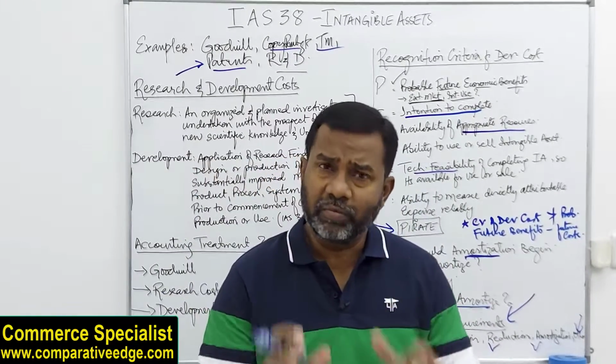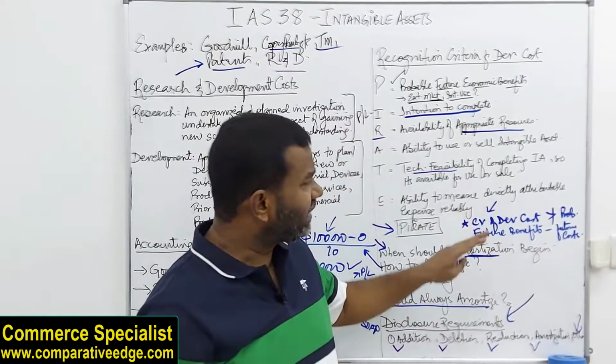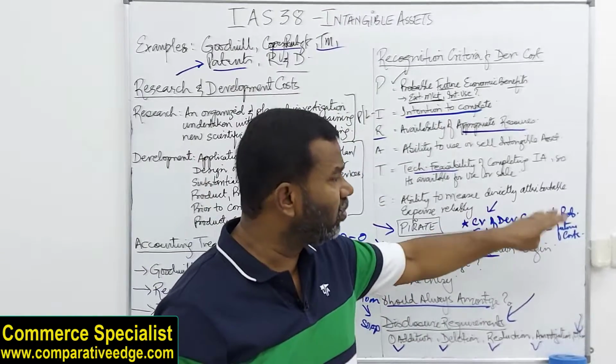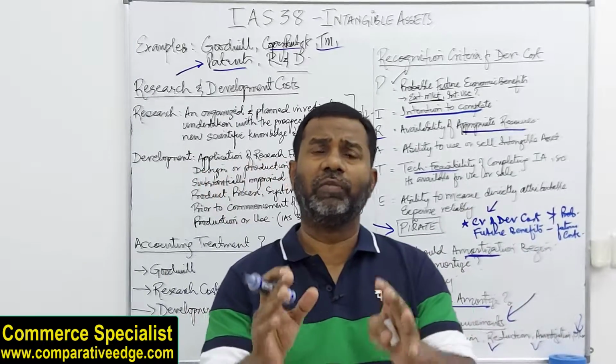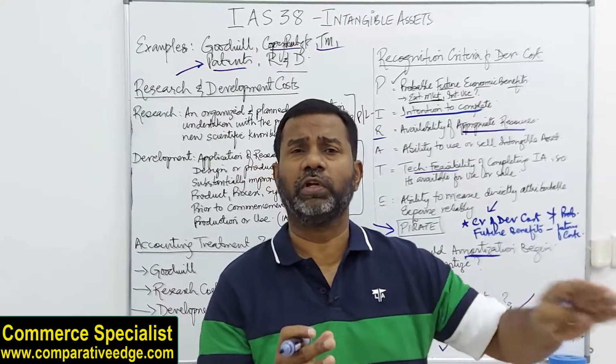Now in the end, you need to remember that when we are amortizing development cost, its carrying value should not be more than the probable future economic benefits which we are expecting from the asset minus any future incremental cost.